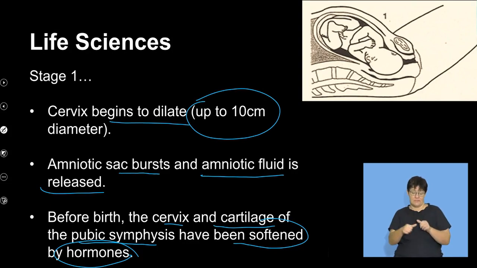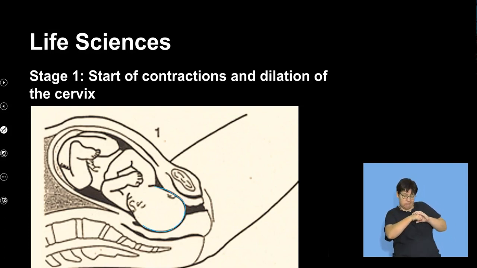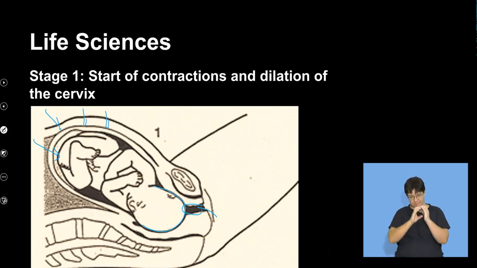This is brought about by the hormones oxytocin and relaxin. This is an image showing you the head engaging, and here's the plug that is going to release. As this occurs, the uterine muscles contract, and this further applies pressure on the baby, causing the baby to move into position.